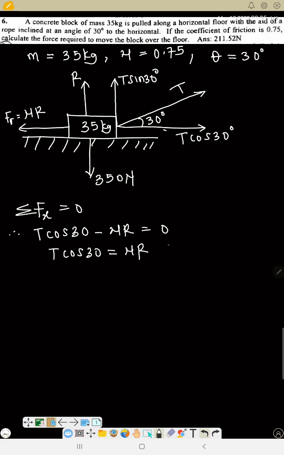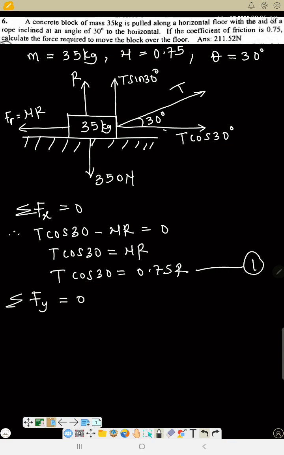So now this is for horizontal force. This is equation 1. Let me substitute: T cos 30 equals 0.75 R. Call this equation 1. Again, summation of all the vertical forces must be 0.